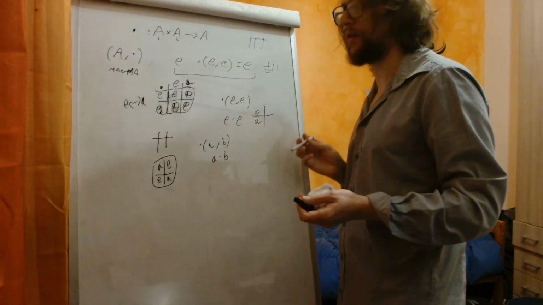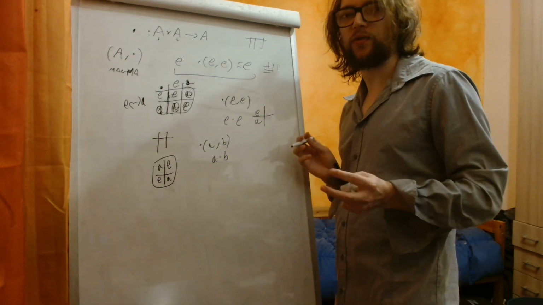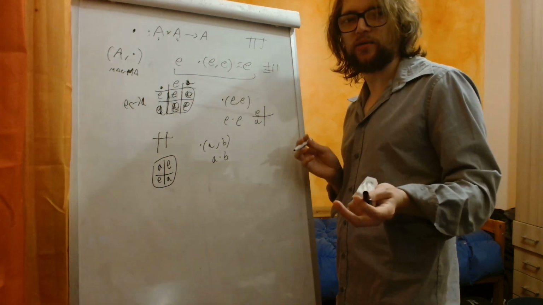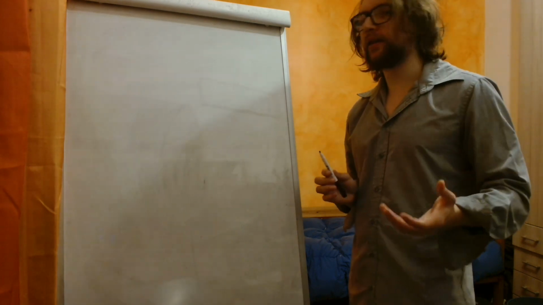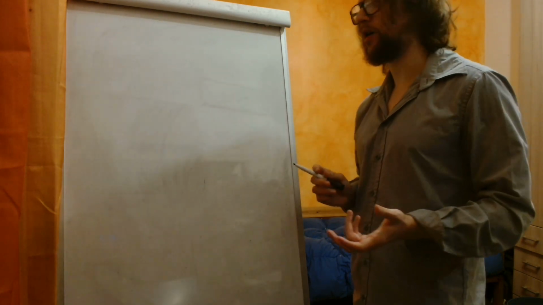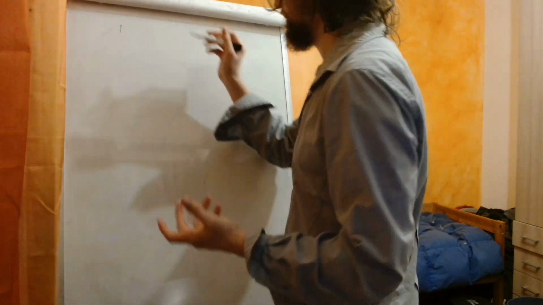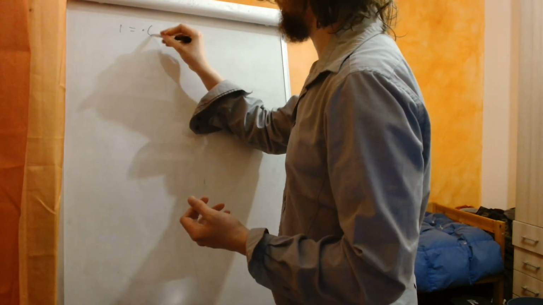So magmas are very general, and we should look for a structure which is less general and maybe more interesting to study. So let's say we want to investigate the structure of a given magma. We have an element 1 in the magma, and let's say we discover that this is related to 2 and 3 by the binary operation.